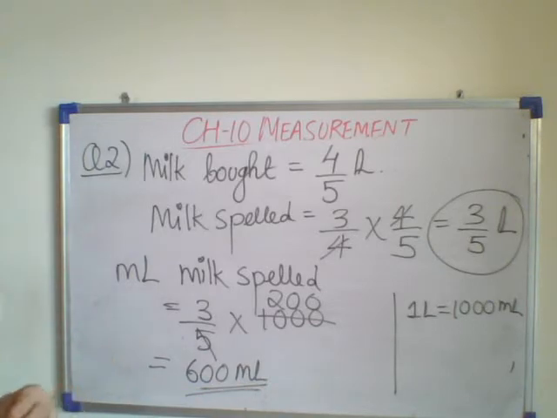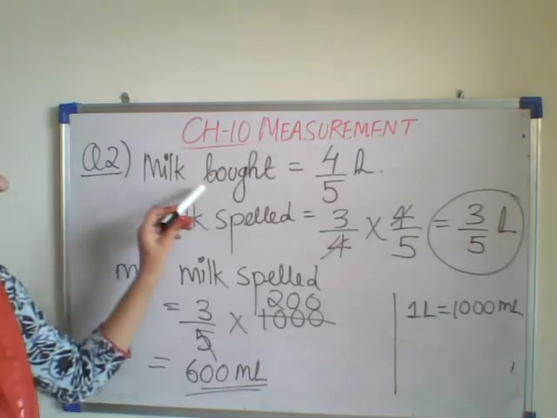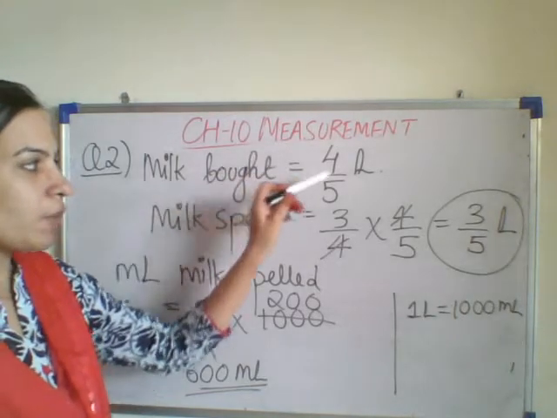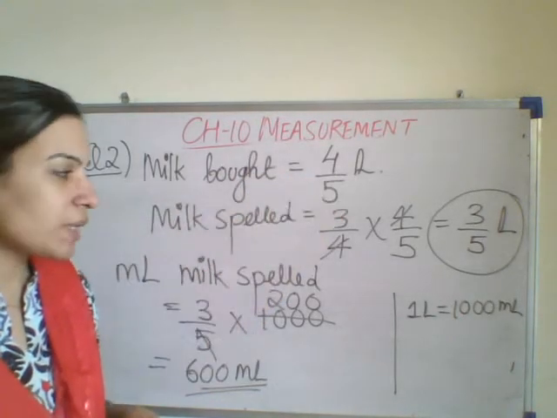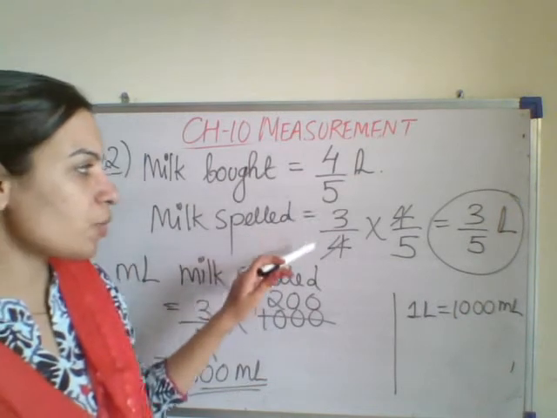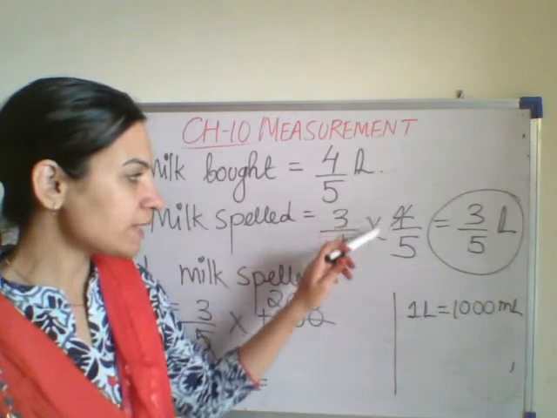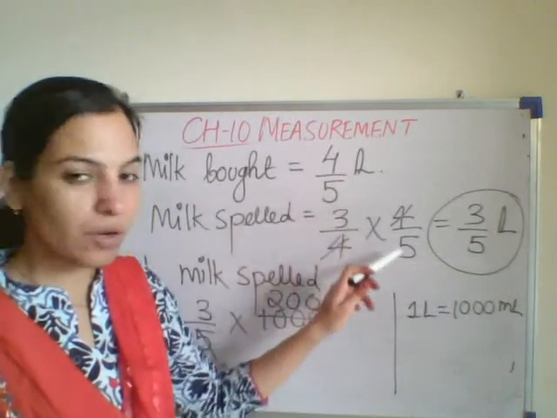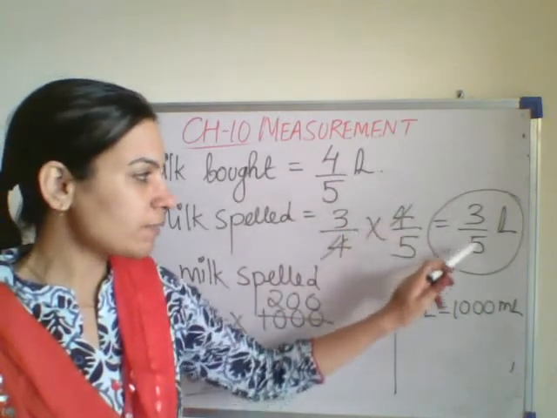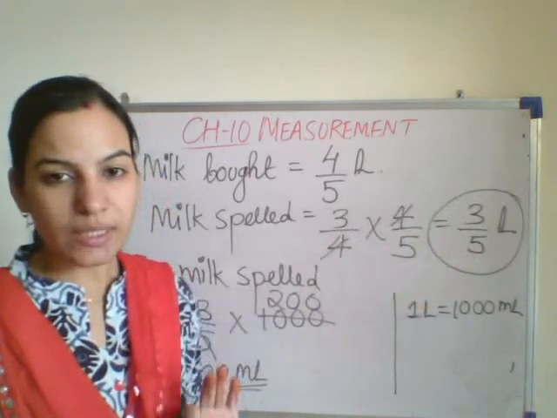So let us revise this question. The total milk bought was 4/5 liter, and how much milk was spilled? 3/4 of the milk was spilled. So how will we be finding it? We will be multiplying this with 4/5. So 3/5 liter of milk in total was spilled.